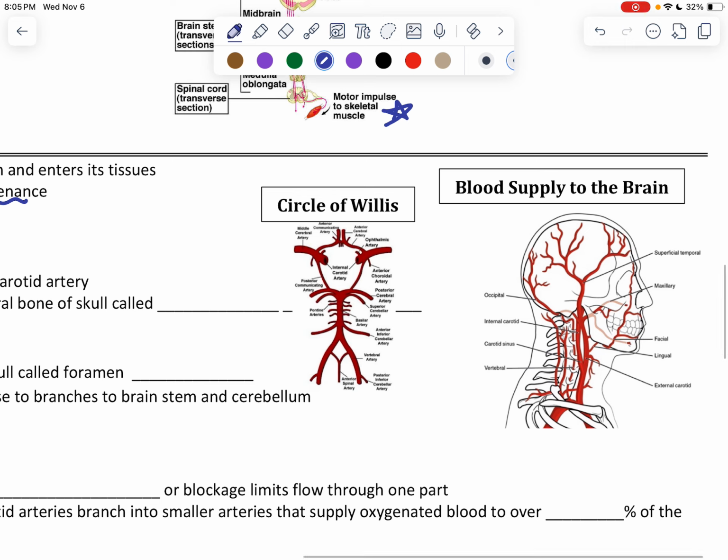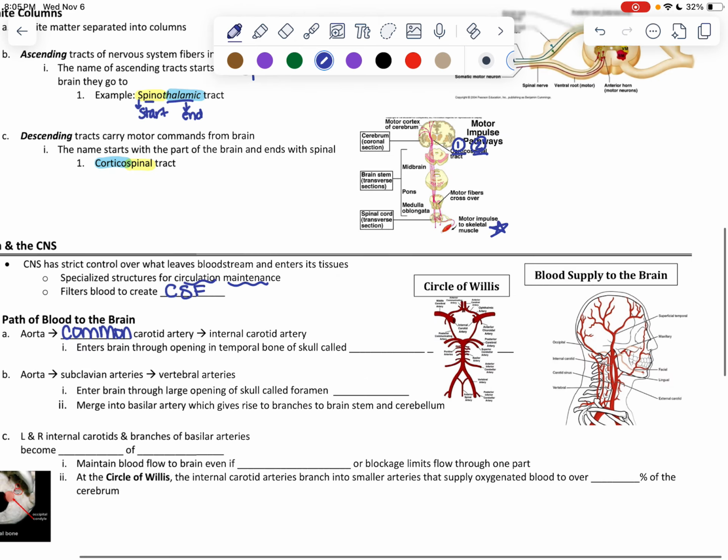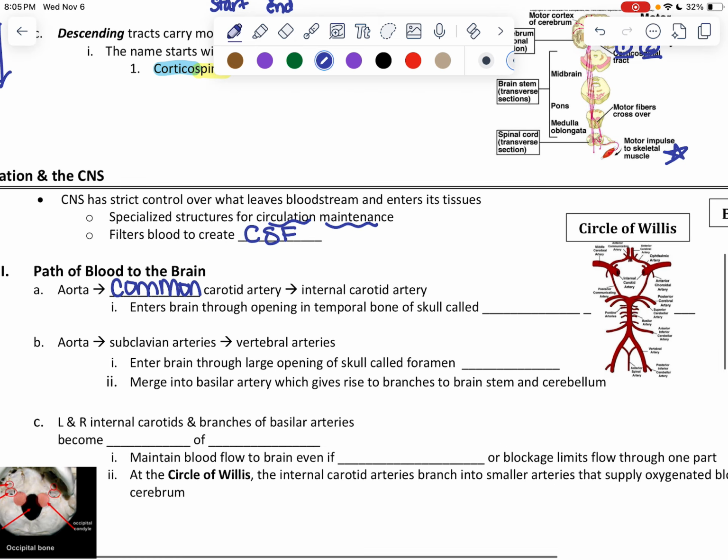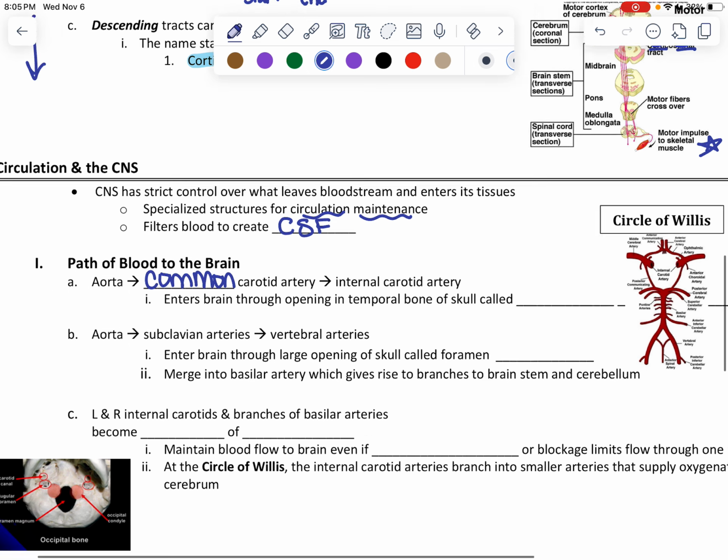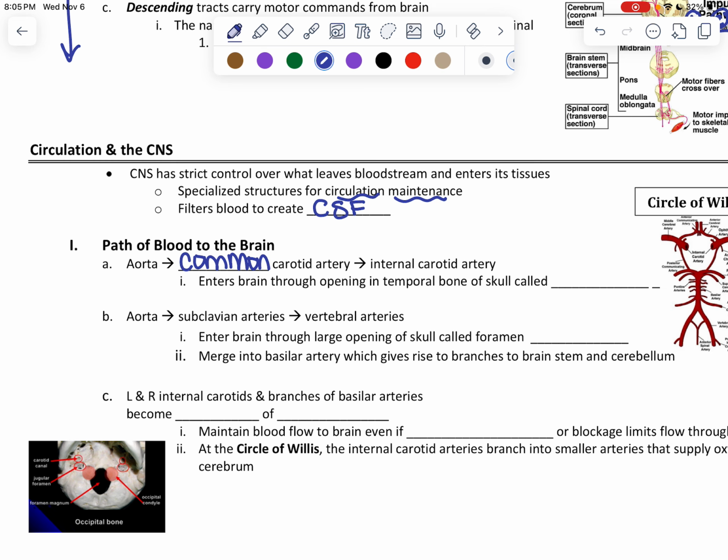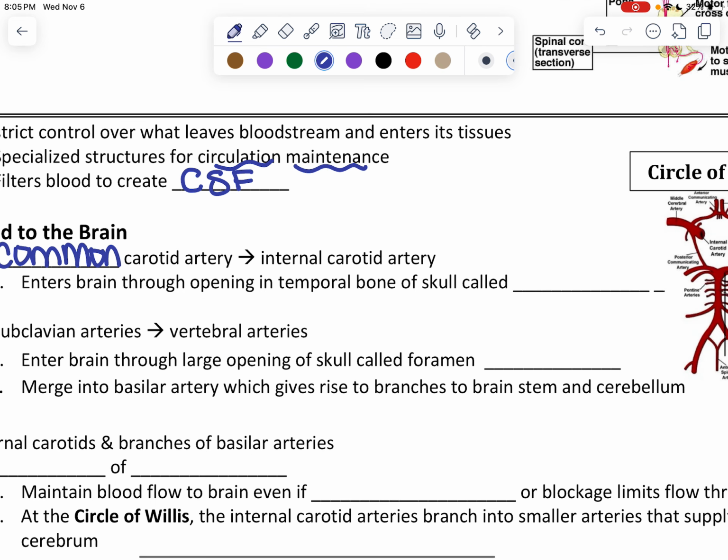So the common carotid artery is one of those main arteries that allows blood to go to the brain. It enters the brain through an opening in the temporal bone of the skull called the carotid canal.